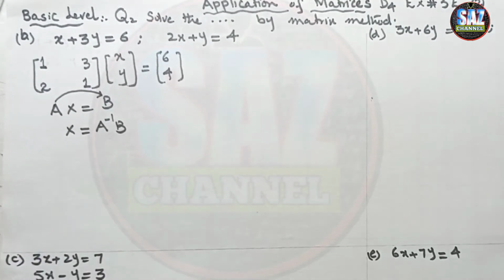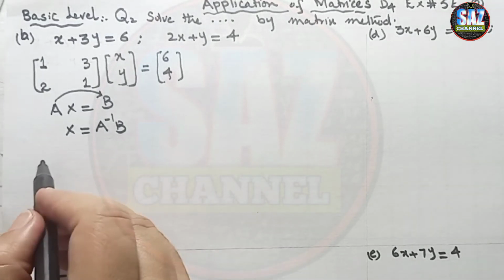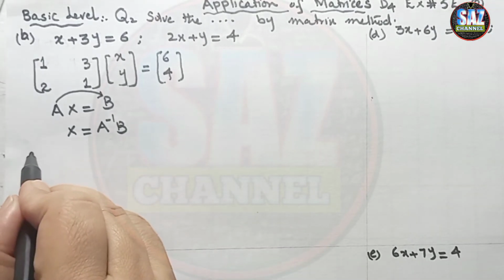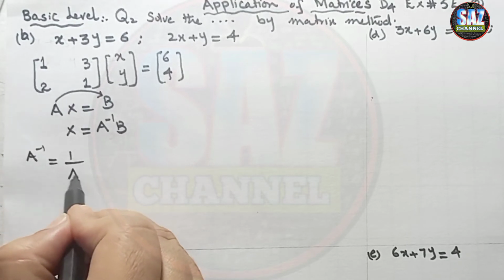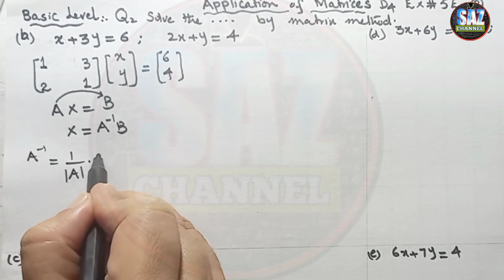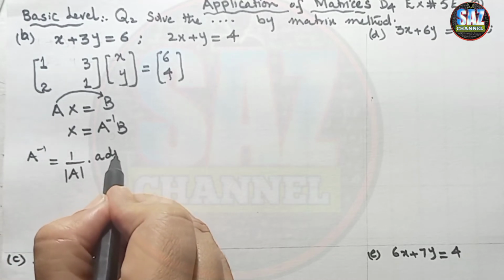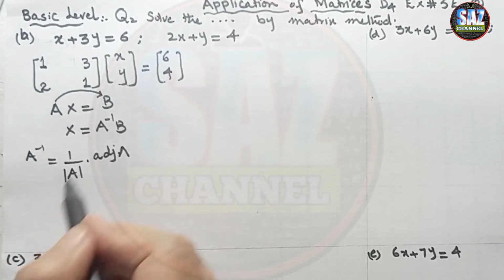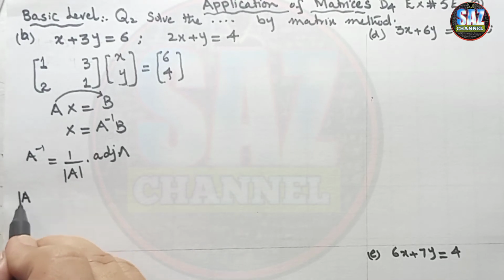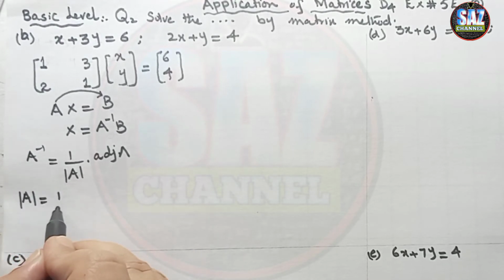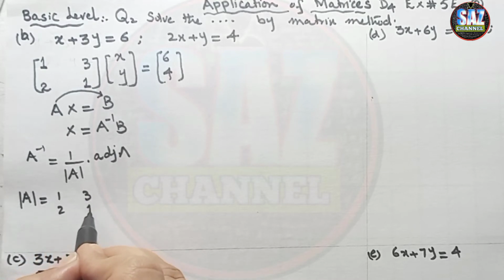Now first of all, we have to find A inverse by using the formula that A inverse equals 1 over determinant of A into adjoint of A. Now A has the entries 1, 2, 3 and 1.